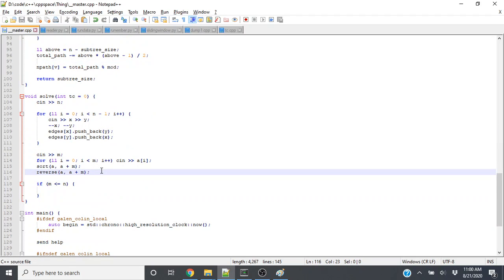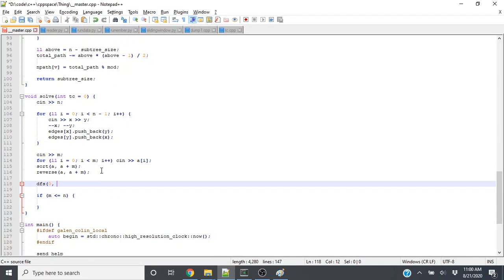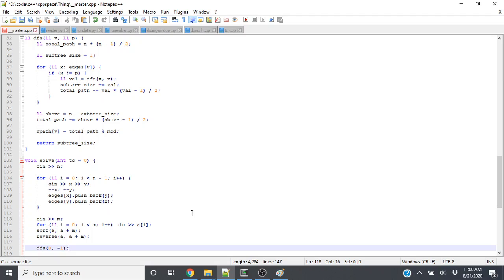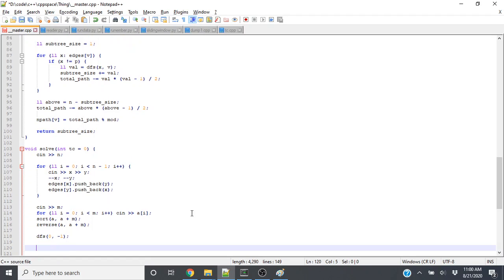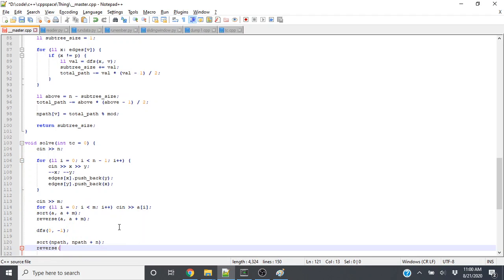Then we'll DFS from the root since it doesn't actually matter where we DFS from. It doesn't actually matter which nodes we use, so we can just sort n path and reverse it, so now it's in decreasing order.